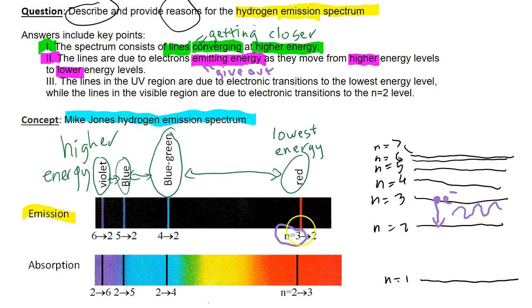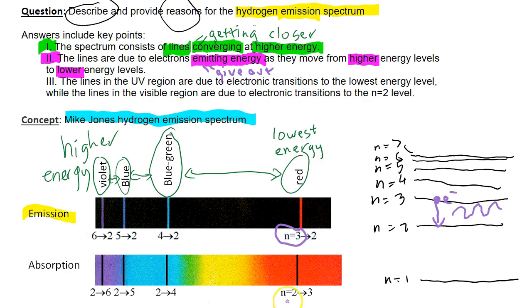In this case, when the electron is on the level n equal 3, move down to 2, it gives a red color line. Moving from 4 to 2, give a blue-green color line, and so on.